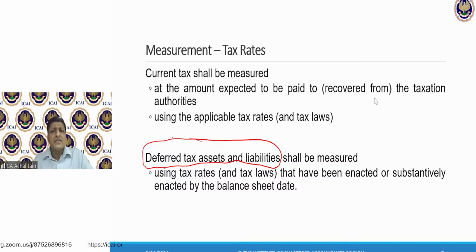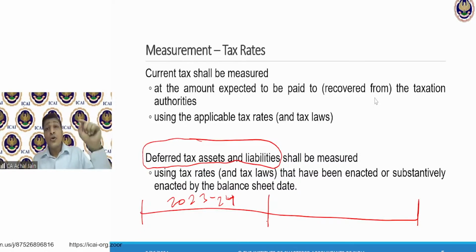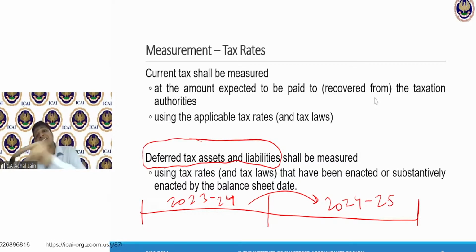So what do you mean by this? If you look at the current year, say 23-24, when you record a deferred tax, whether it's an asset or a liability, what tax rate do you consider? You will have to consider the tax rate of 24-25, meaning next year's tax rate.